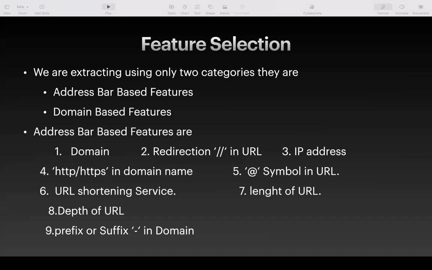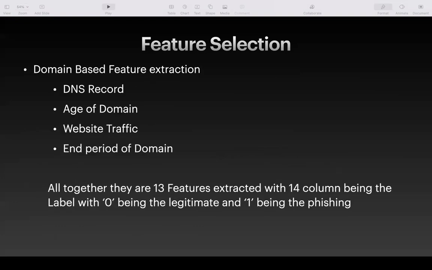For the address bar, we look at the URLs: domain, redirection, IP address, whether it's HTTP or HTTPS, the at-rate symbol, URL shortening services, length of URL, depth of URL, and the use of suffixes or prefixes. When it comes to the domain, we look at the DNS record, age of the domain, website traffic, and end period of the domain.